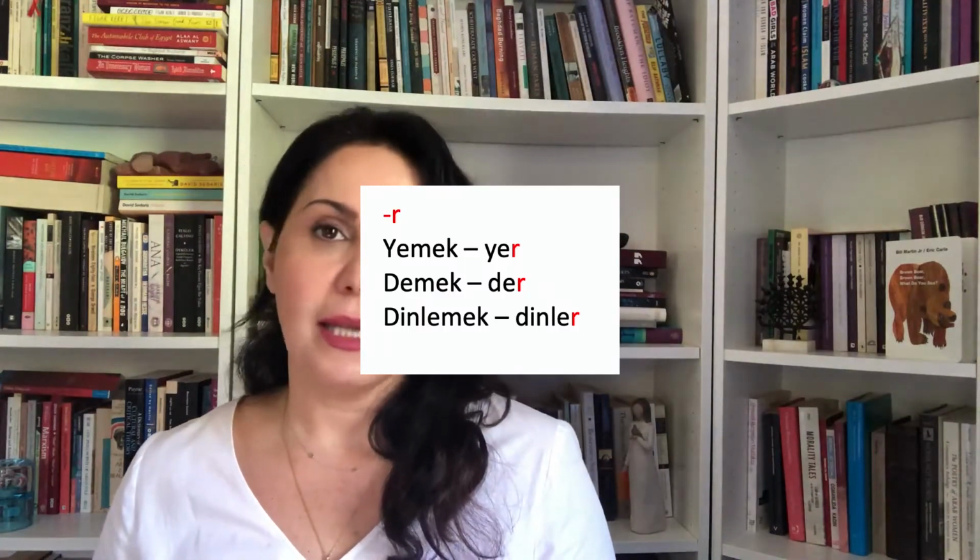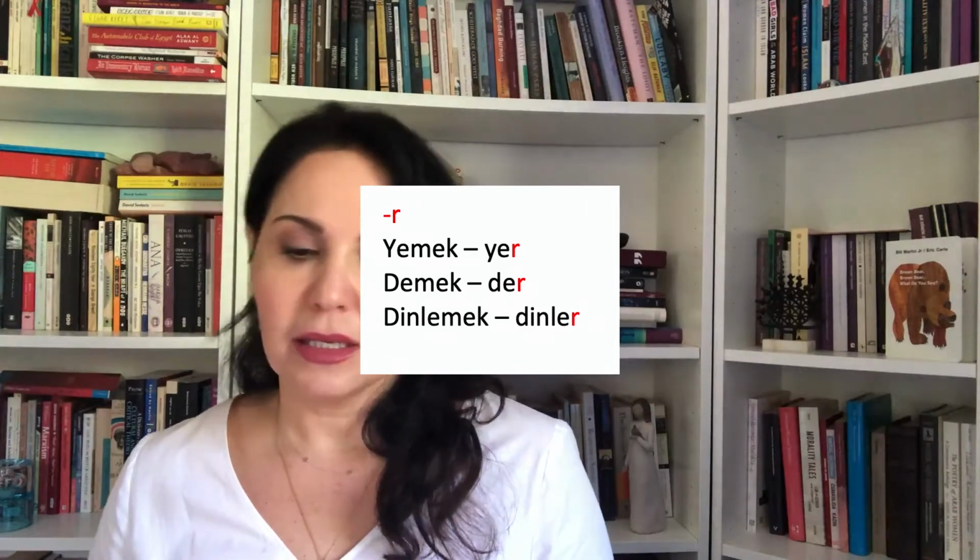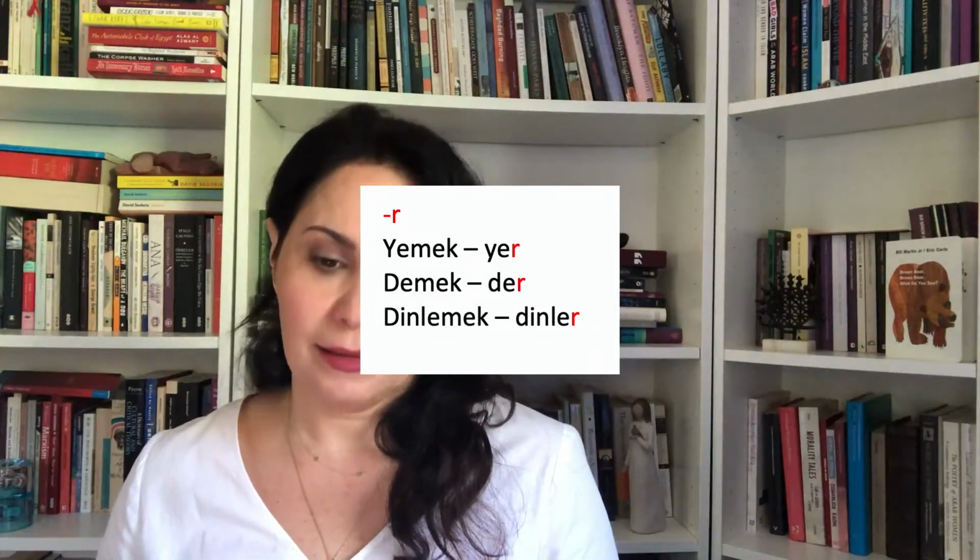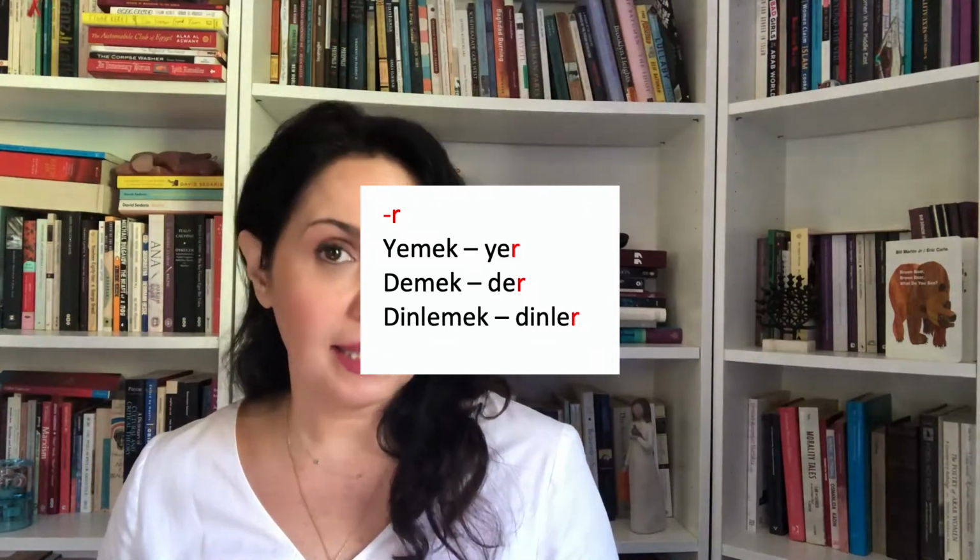There are three forms of aorist tense, and I will just briefly talk about it. There are lists in your worksheet. The first one is when the verb ends with a vowel. So you add r to the stem. For instance, yemek, yer. Demek, der. Dinlemek, dinler. Okay?